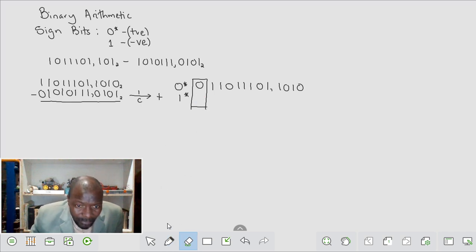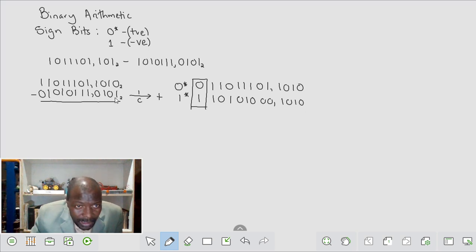The buffer was a 0, that changes to a 1, and then we change every 0 to a 1 and every 1 to a 0, which is the 1's complement.